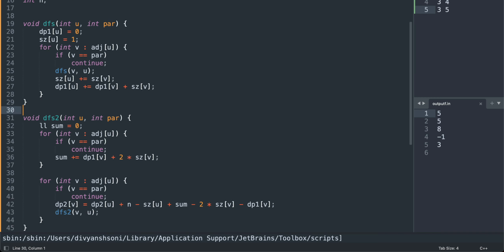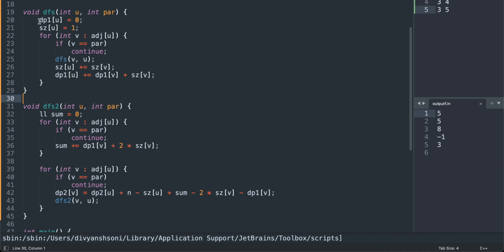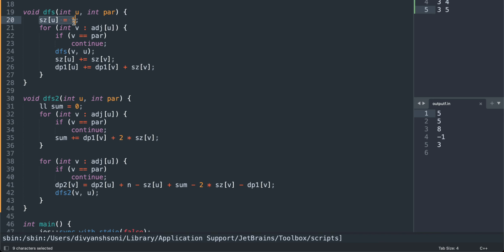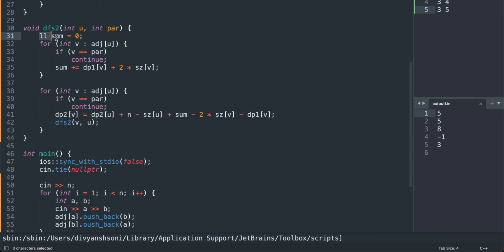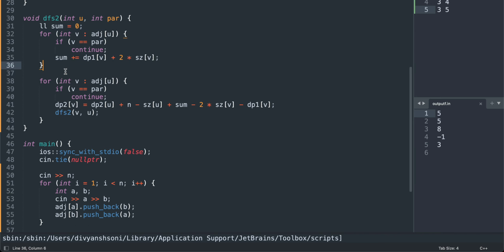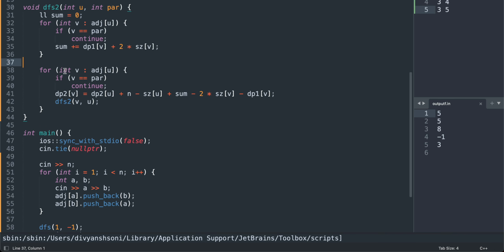Then df is 2 on parent. dp1 of v plus size of v, sum is equal to 0, v over adjacency of u, if v is parent continue, sum plus dp1 of v plus 2 times size of v.